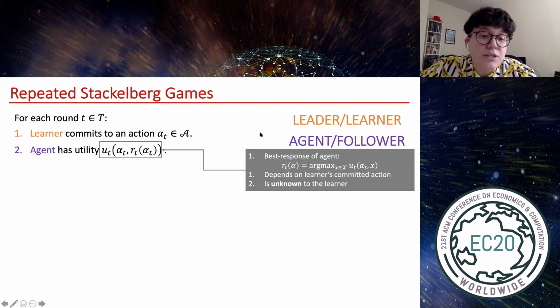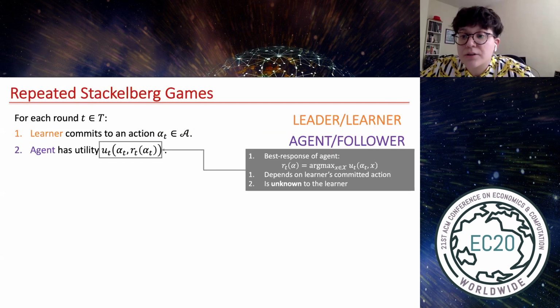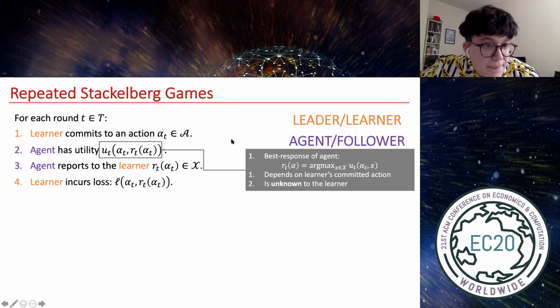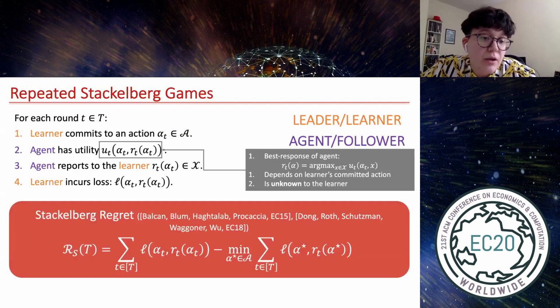And according to this utility, they decide how to best respond to the action that the learner played. The learner gets to observe only this best response. Importantly, the learner, again, I stress this, cannot observe the utility. The learner incurs loss that depends on the action that they deployed and the agent's best response.